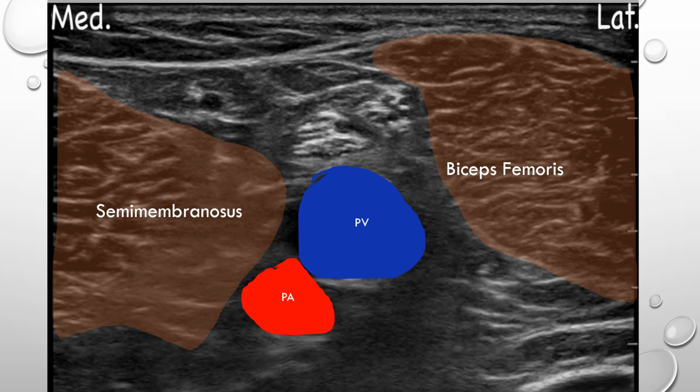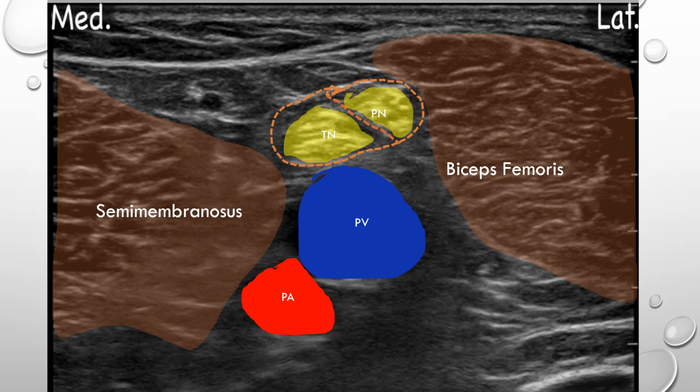The popliteal nerves are surrounded by the paraneural sheath of Vloka, and in between the tibial and the common peroneal nerve lies a septum of Compton-Cruveilhier. The tibial nerve is seen on the medial side and the common peroneal nerve is seen on the lateral side, just underneath the biceps femoris muscle.